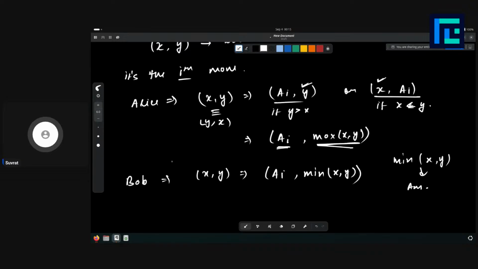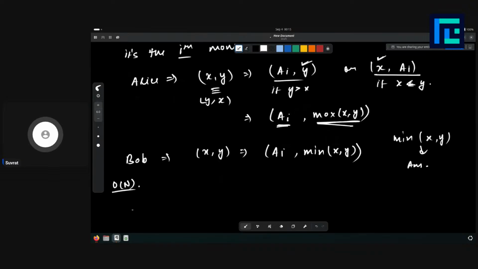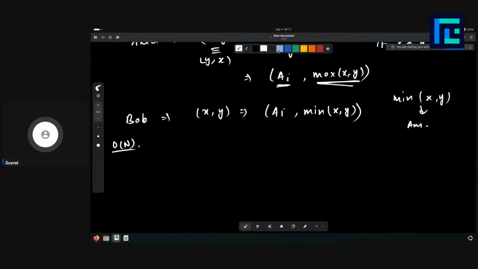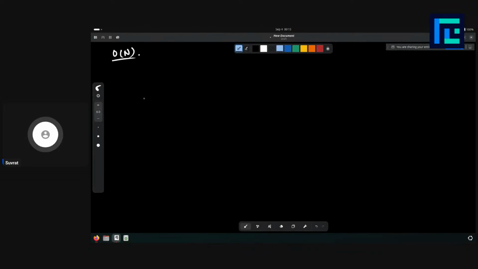The time complexity required to solve this question is O of n, which we expected before solving the problem. Basically, how we will do this: we will initially maintain a pair of a1 and a2 elements, and then we will apply a for loop with i equal to 3 till i is less than or equal to n, i plus plus.